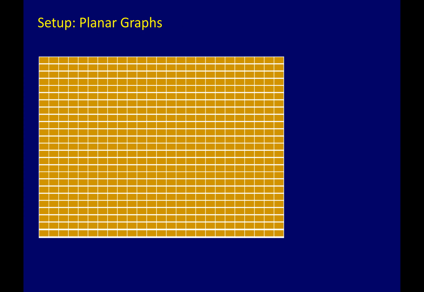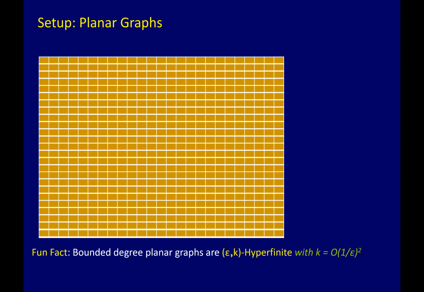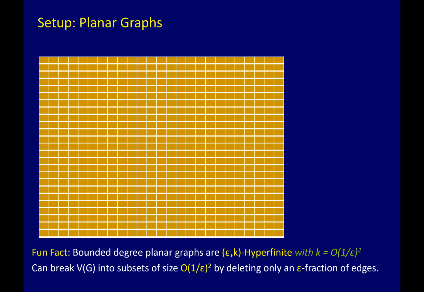These graphs are what is called (epsilon, k)-hyperfinite, where k is O(1/epsilon^2). Hyperfinite just means that you can break the vertex set of this graph into connected subsets of size at most O(1/epsilon^2) by deleting very few edges. You can delete only an epsilon fraction of edges and break the vertex set into pieces that induce connected components which are really tiny.